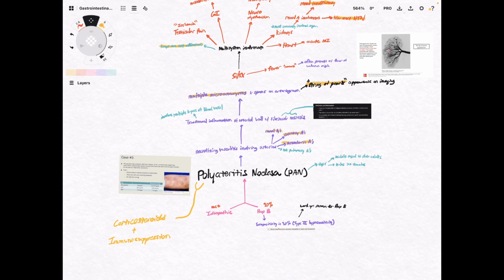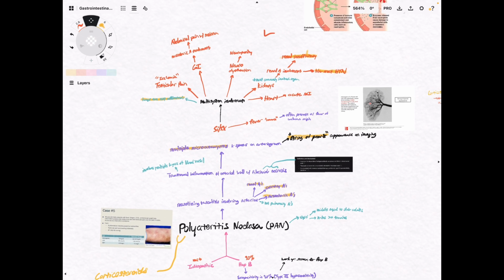Most commonly it is idiopathic, but Hep B again can cause it. And what happens is you have transmural inflammation of the arterial wall, which causes multiple microaneurysms and spasms on the arteriogram, and this is shown as a string of pearls on imaging.